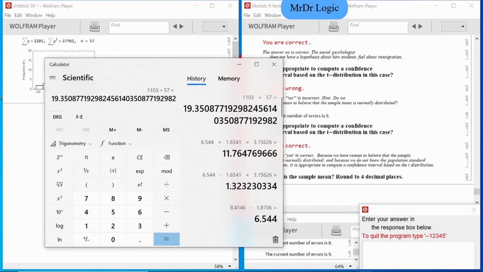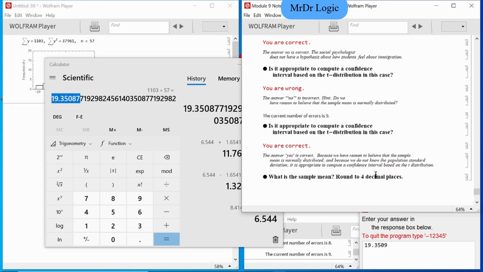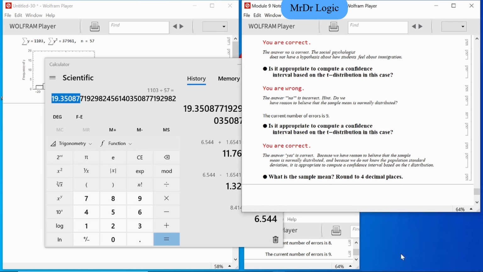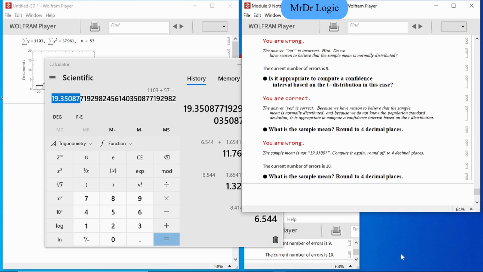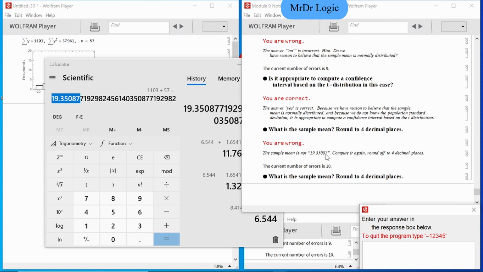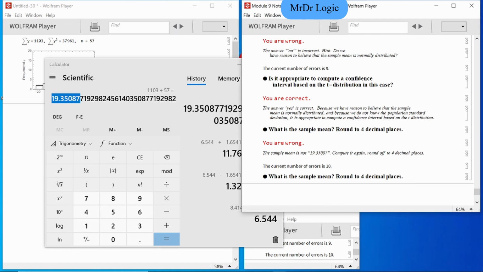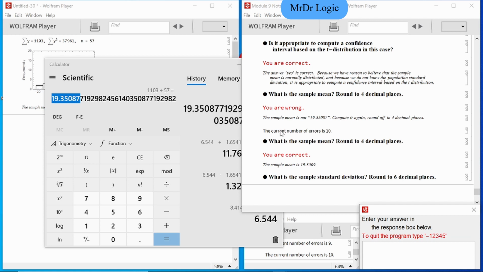How many decimal points? Let me just click out. Perfect. No, you round it up. This has gotten very salty.